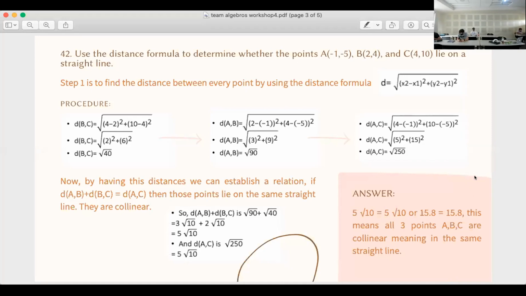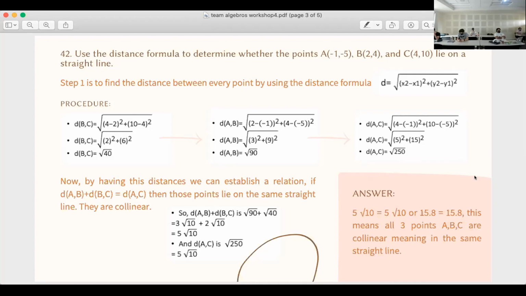For points A and B, the square root of 90. For points A and C, the square root of 250. Now, having these distances, we can establish a relation. If the distance between A and B plus the distance between B and C equals the distance between A and C, those points lie on the same straight line and are collinear.